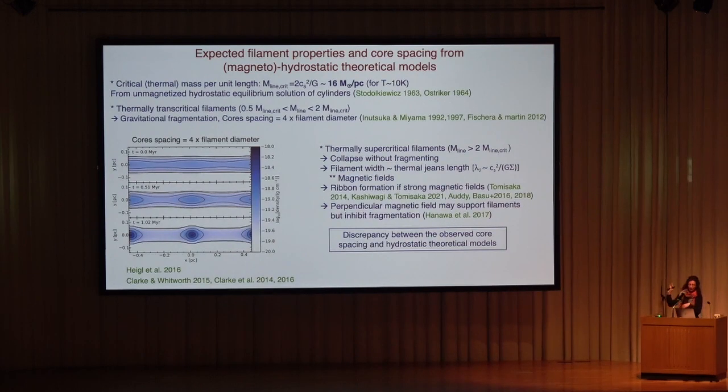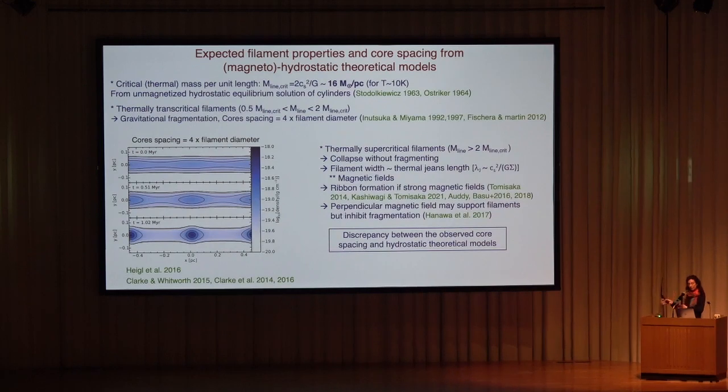Here I will give some properties of filaments from theoretical models of isolated filaments in hydrostatic equilibrium. These models say that when the line mass of a filament is of the order of the critical line mass of stability, then these filaments are prone to gravitational fragmentation, and the spacing between the fragments is equal to 4 times the diameter.